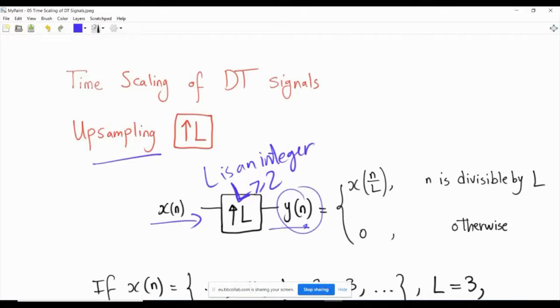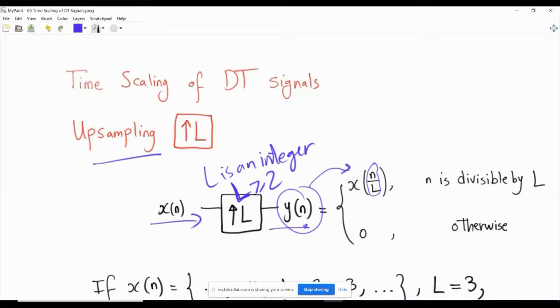The output y of n, if you want to express the relationship mathematically, is defined as x of n over L. But you cannot do this for a discrete time signal unless this thing is an integer. Remember, discrete time signals are not defined at 1.5 or 7.8 or something like this. You need this to be an integer.